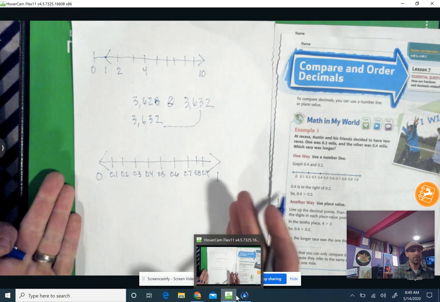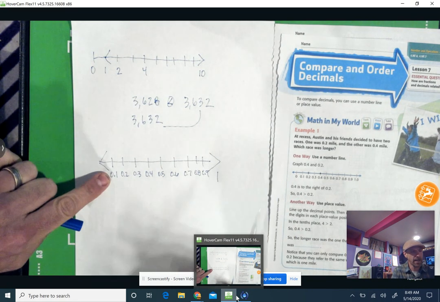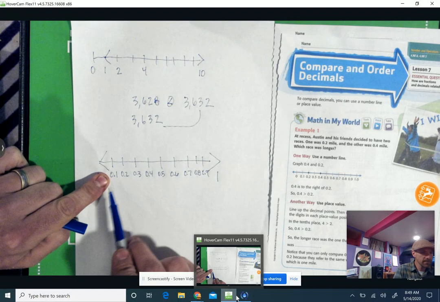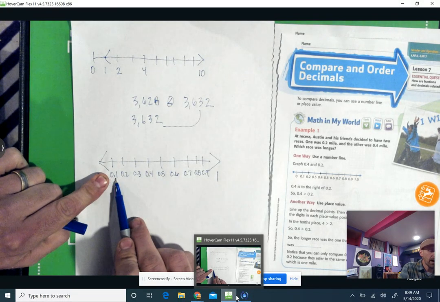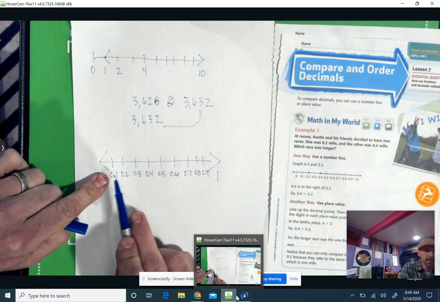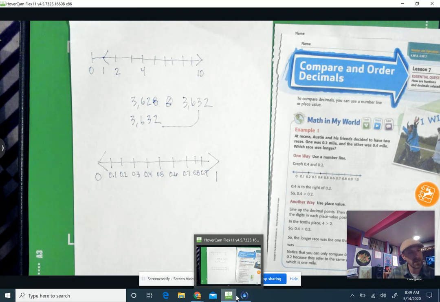So we're going to be comparing numbers that have a 0 in the ones place and a decimal either in the tenths or next to the tenths is the hundredths place. And so I just want you to be aware of what kind of numbers we are working with today. Very similar to dealing with fractions, you're dealing with numbers that are greater than 0 but less than 1.